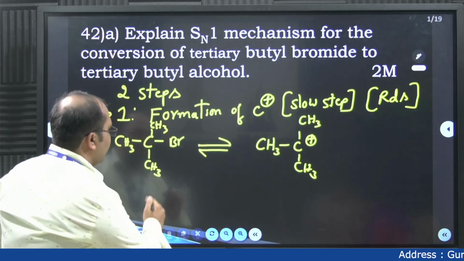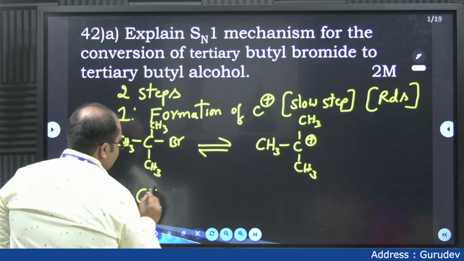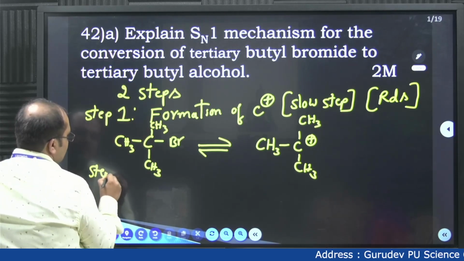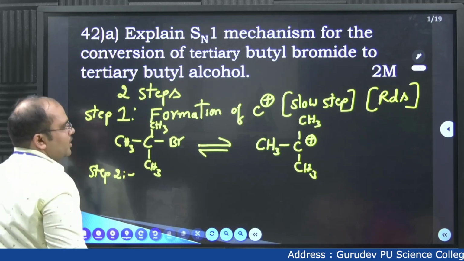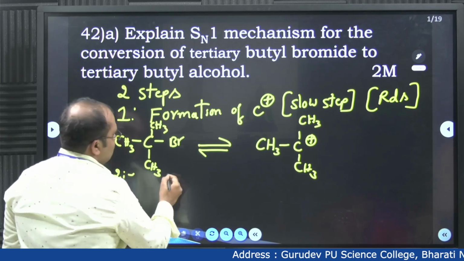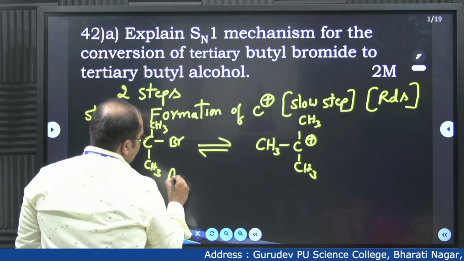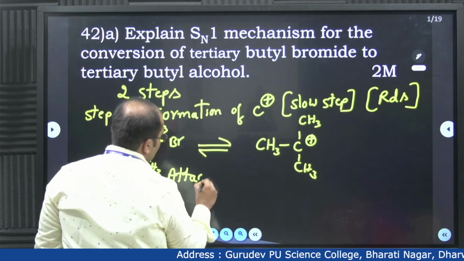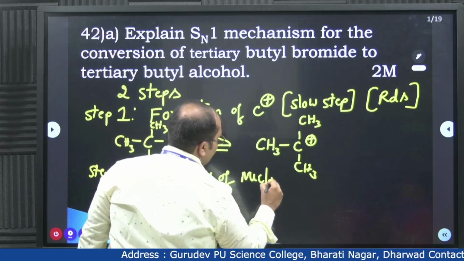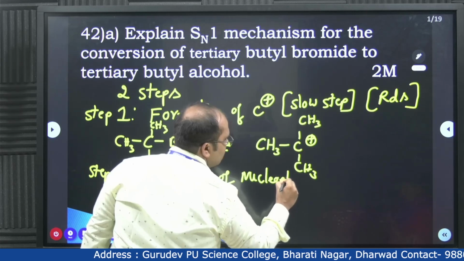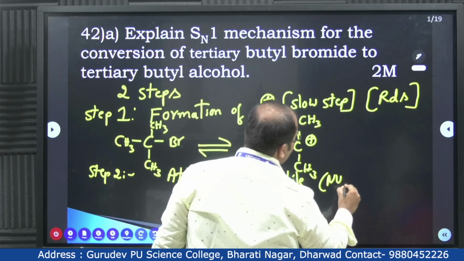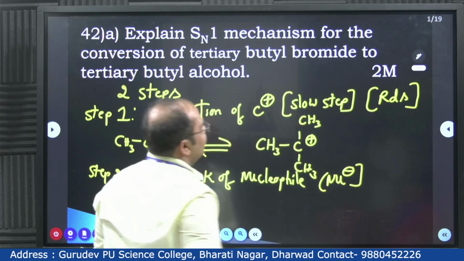In the next step, step 2, what happens? The carbocation formed is attacked by the nucleophile. My dear all, the nucleophile is considered the negative part of the reagent.